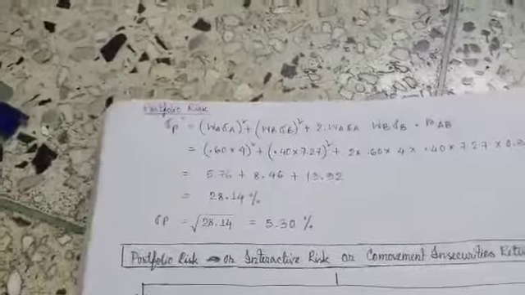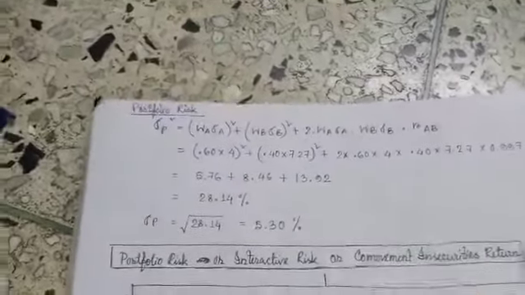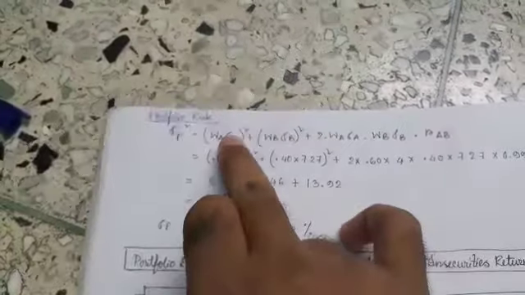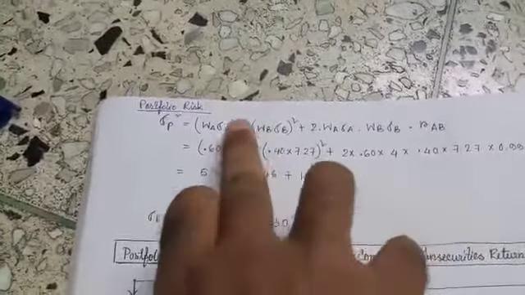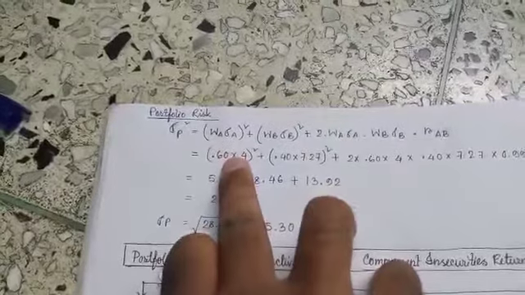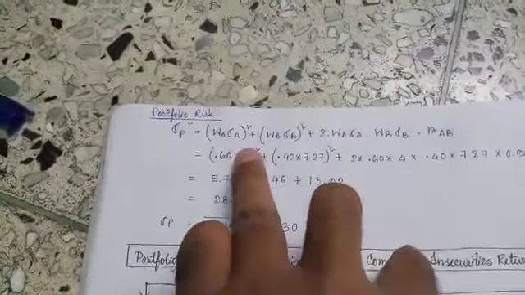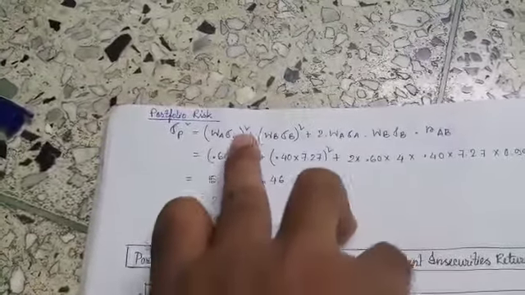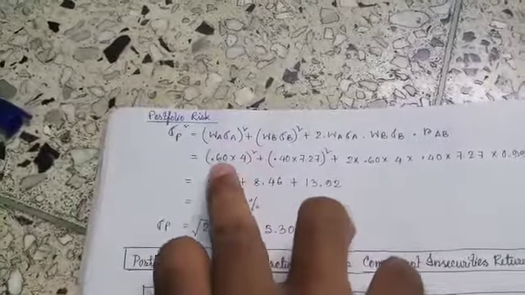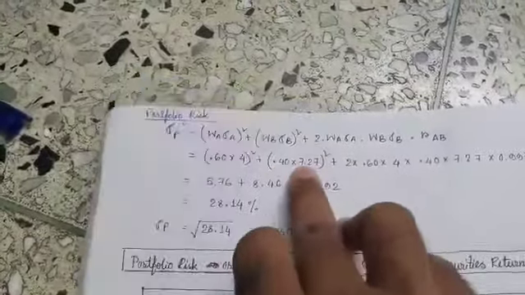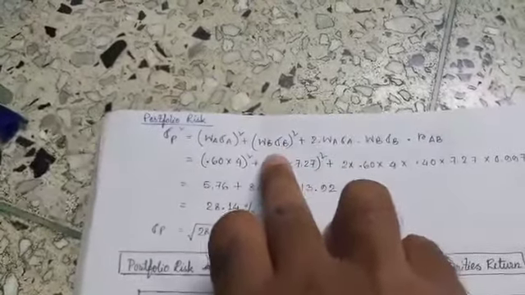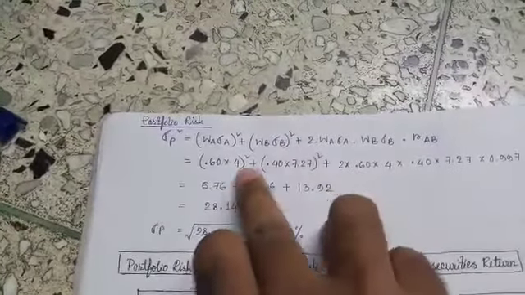Now we have to put the values associated with these figures. Now here WA is provided in the question, it is 0.60, sigma A is calculated earlier, it is 4, so WA into sigma A whole square is 0.6 into 4 whole square. WB into sigma B square is 0.4 into 7.27, WB is provided in the question, sigma B is calculated earlier.